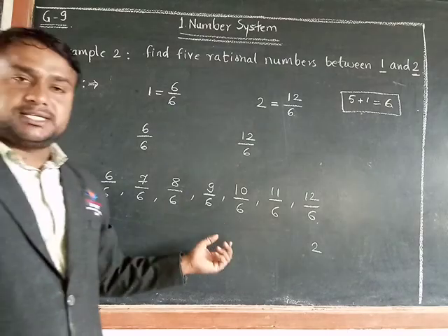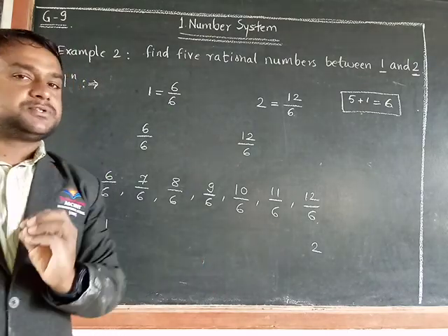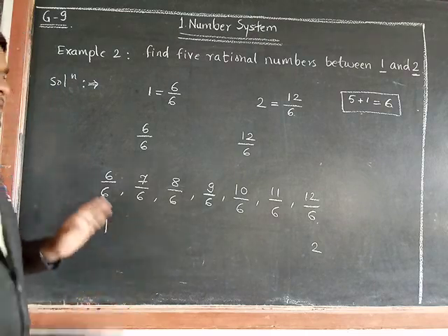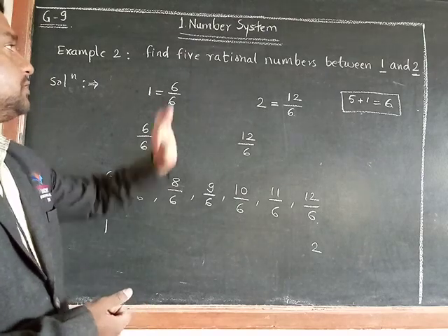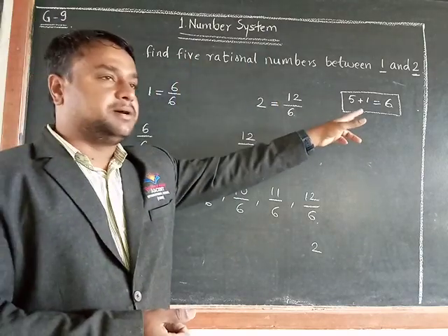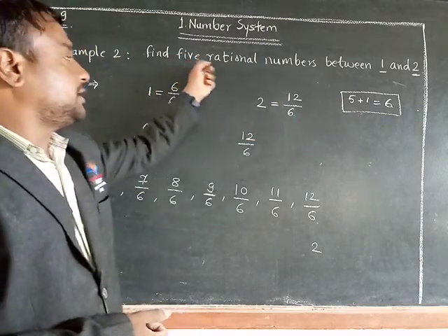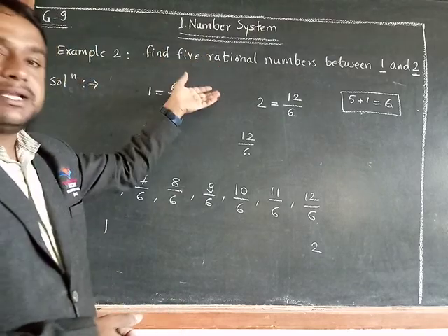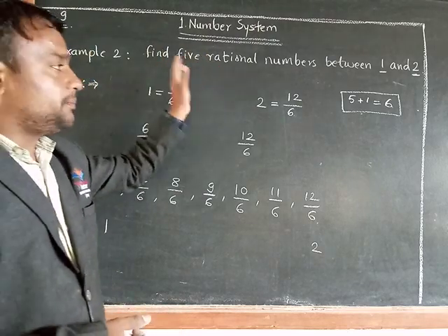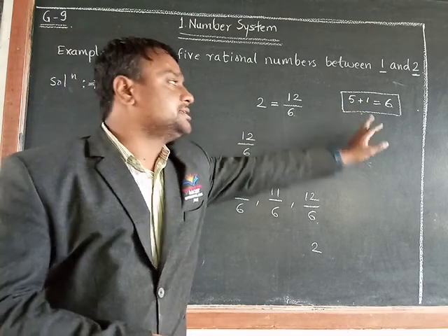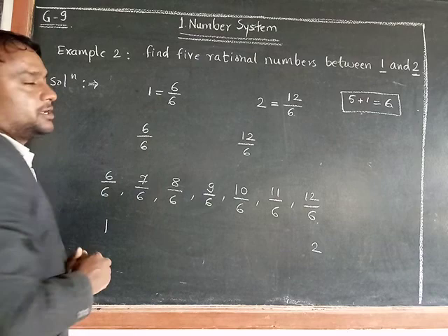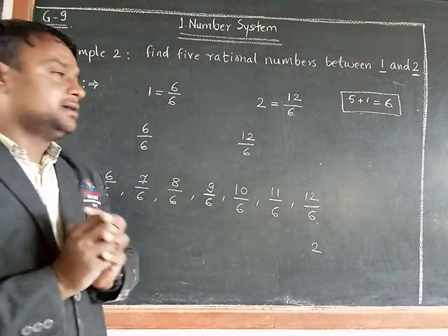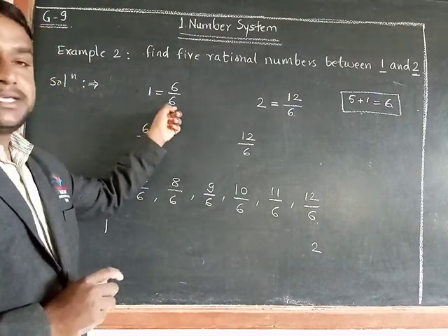I think it's a very easy method, and I hope you understand it very well. Again I am going to tell you that if you want to find out 5 rational numbers between any two numbers, then first add 5, the number given in the problem, and plus one, that is 5 plus 1, 6. Then the given numbers we have to represent such that their denominator should be 6.